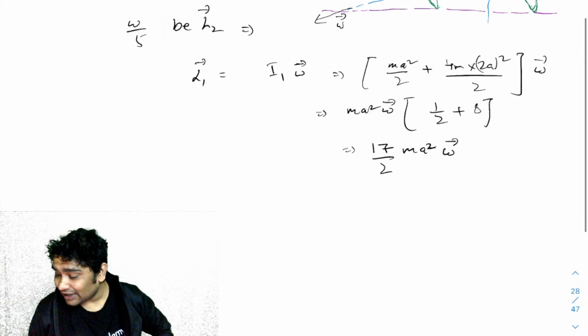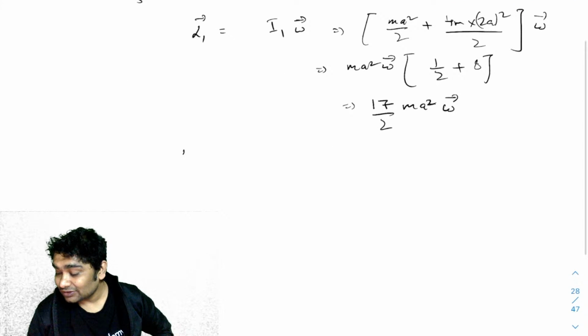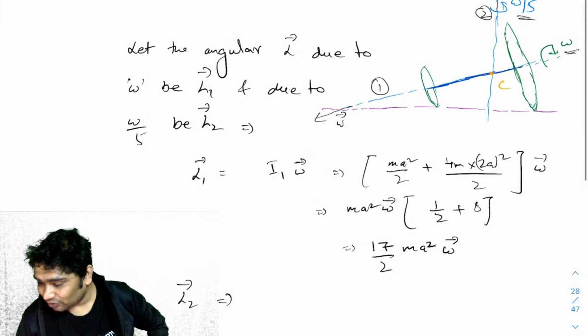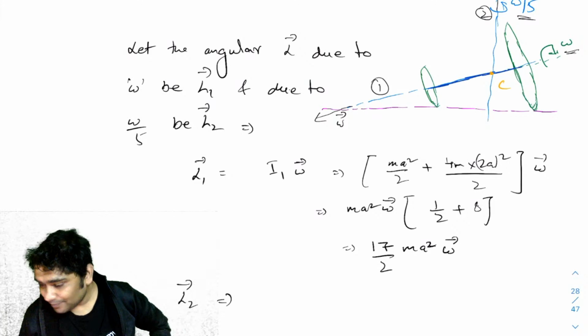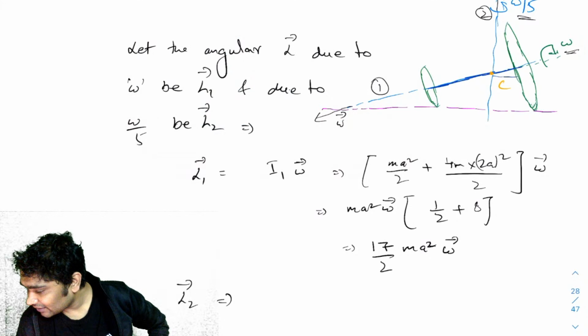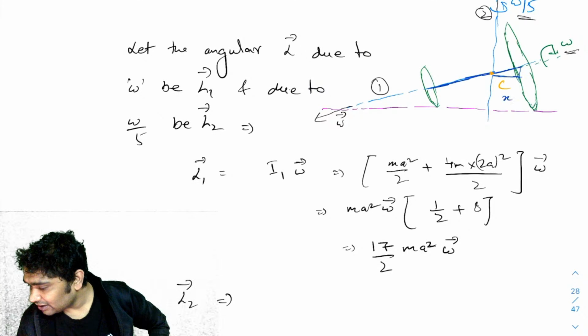Now you also had the term L2. What would L2 have been? L2 would have been difficult to find. For L2, what you would have done is find this, let's call this x2, and this x1. The CM would lie here.